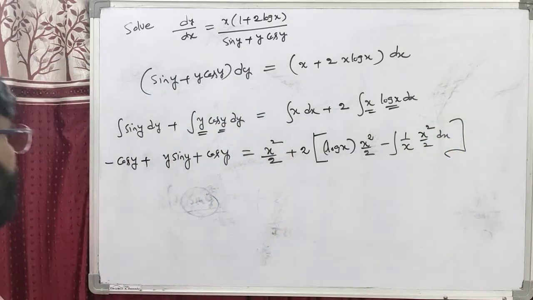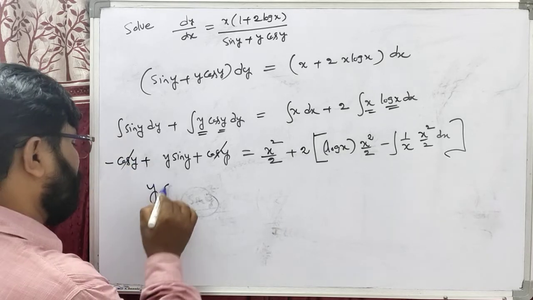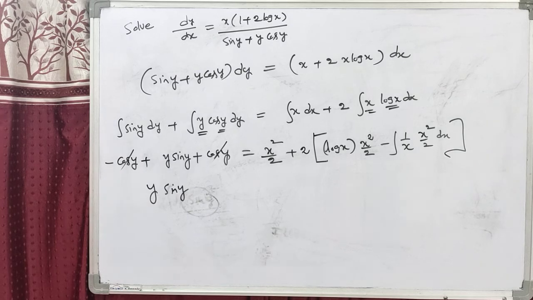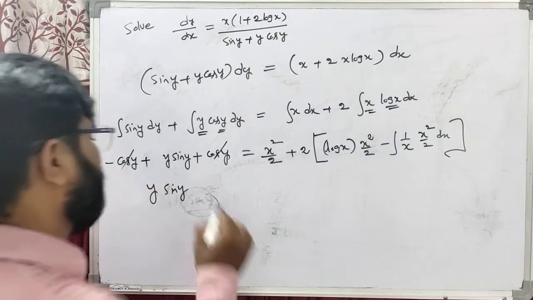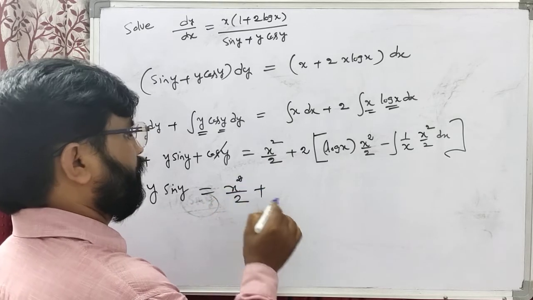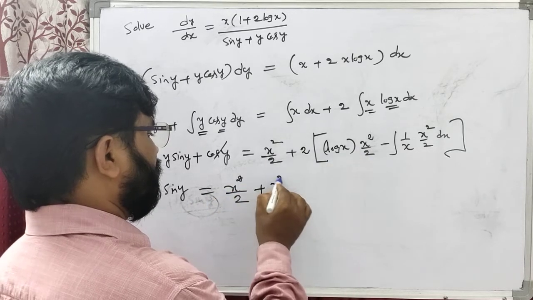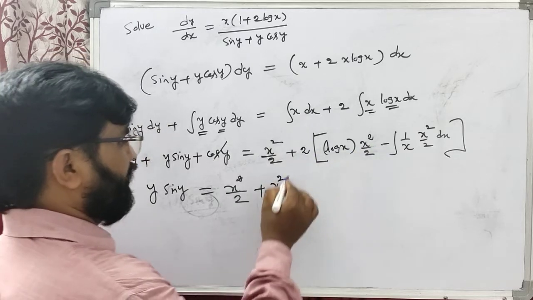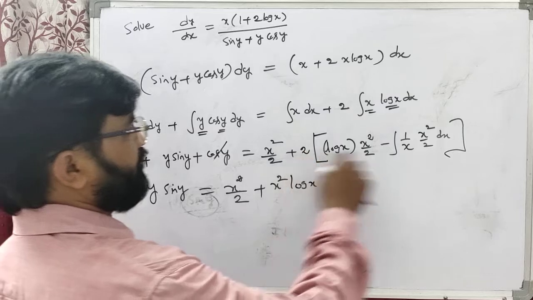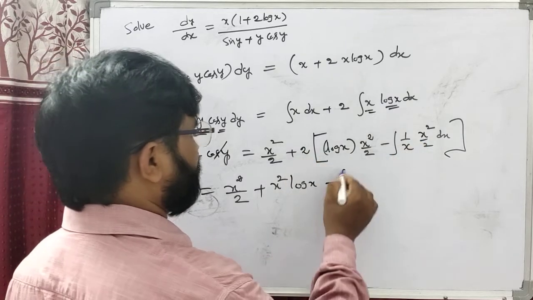Dear students, we can write that cos y cancels. Now this is y sin y. What students, what do we get here? The x square by 2 plus 2 cancel, 2 cancel, x square log x minus, dear students, 2 cancel, one time x cancel.